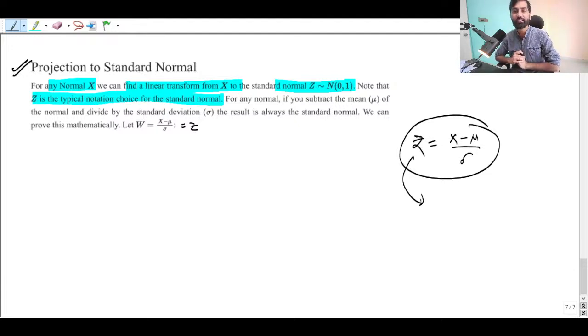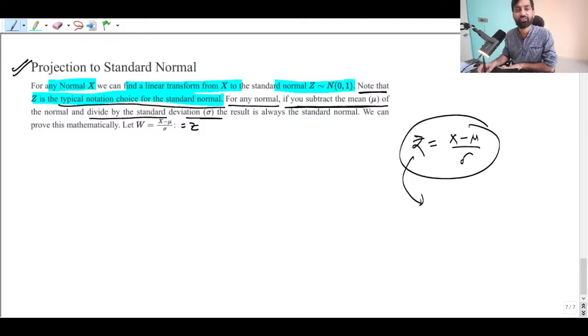Note that Z is a typical notation choice for standard normal. For any normal, if you subtract the mean of the normal and divide by the standard deviation, the result is always standard normal.